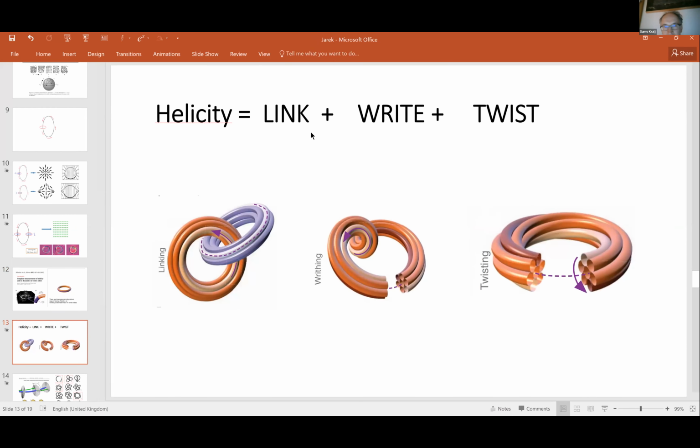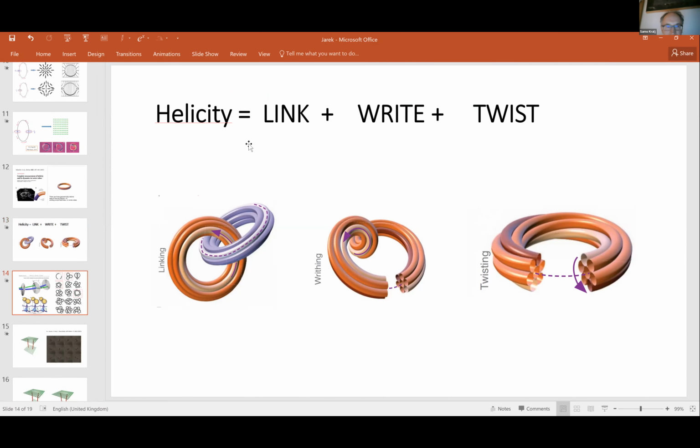Helicity has three different geometrical components: one is link, one is writhe, and one is twist. If you don't have dissipation, then this sum is conserved. You can convert these things among themselves, but the sum should be conserved. So I think that in this liquid crystal, this could roughly simulate what spin is for particles.